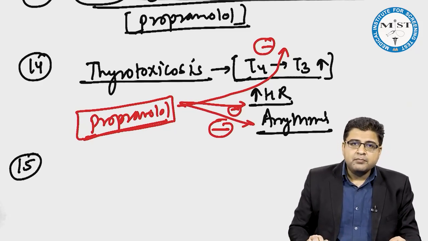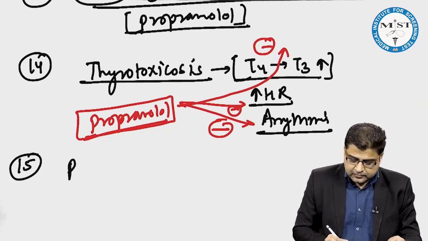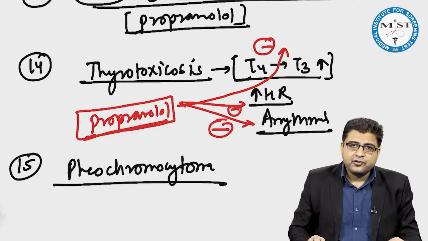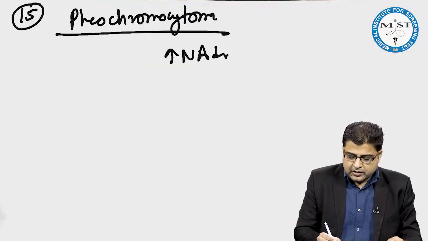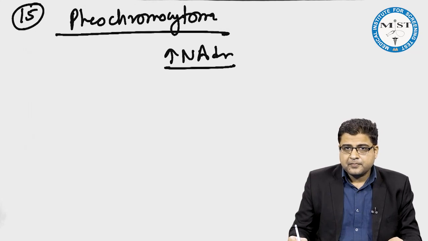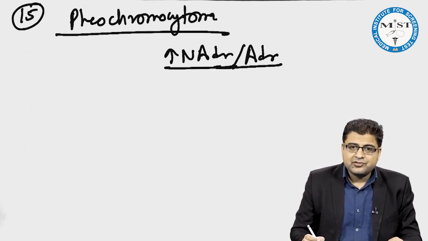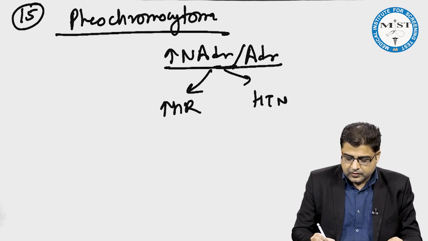Next indication, beta blockers are also given for the treatment of pheochromocytoma. In patients of pheochromocytoma, we know that noradrenaline and adrenaline levels are very high, and because of this reason, the patient can have tachycardias and hypertension.